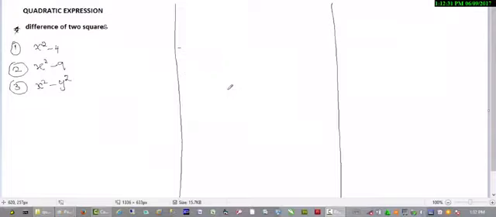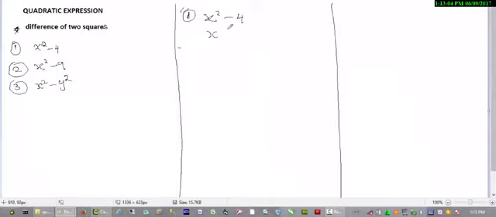So the first case we are going to look at under this quadratic expression is known as the difference of two squares. When you look at examples 1 to 3, you discover that we have x squared minus 4, x squared minus 9 for number 2, and x squared minus y squared for number 3. So we start from the first one, x squared minus 4.